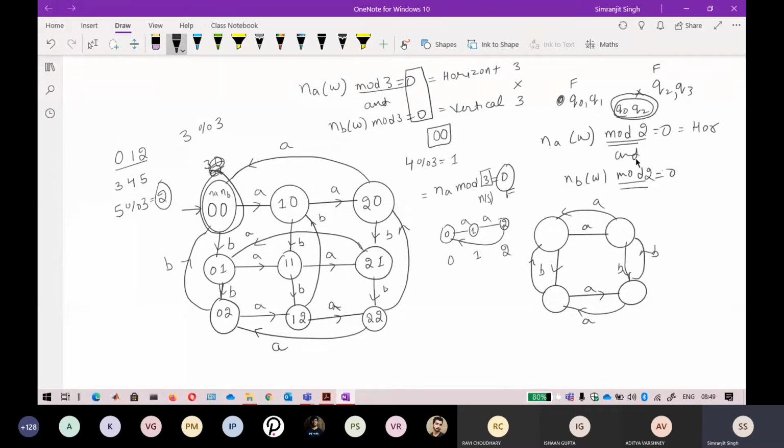In the same way, take zero A's and zero B's from here, and one A and zero B's from here, 1B, 0A, 1B, and here 1A, 1B. So here also the final state will be 0 0. That is how you draw it. Directly you can draw it by this without using any cross multiplication.